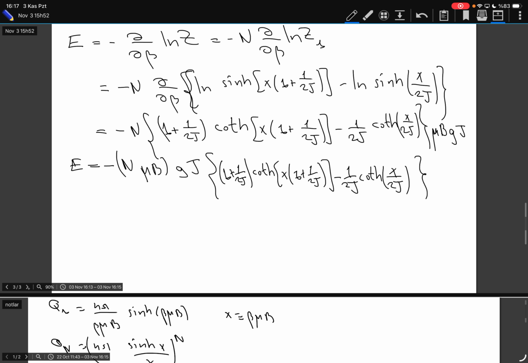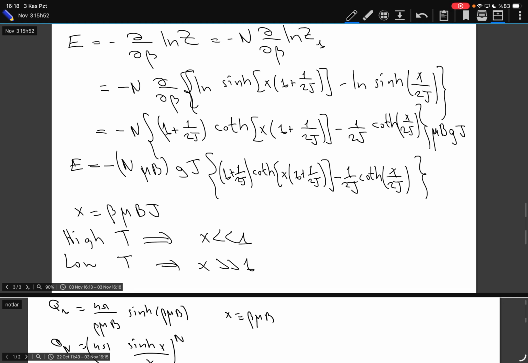You see, in this case, the high temperature or low temperature is determined by, remember, X is beta mu B J. So high temperature basically means beta is small. That means X is small. Low temperature, X is much, much larger than 1, which basically means that KT is less than mu times B times J.